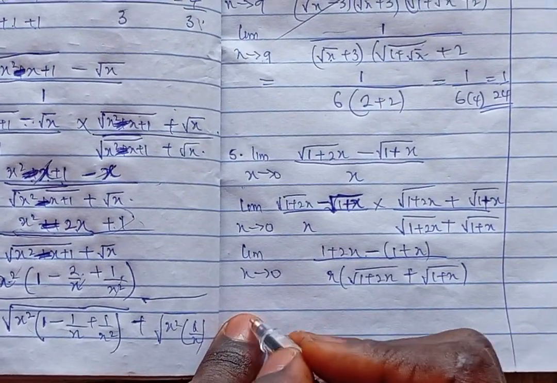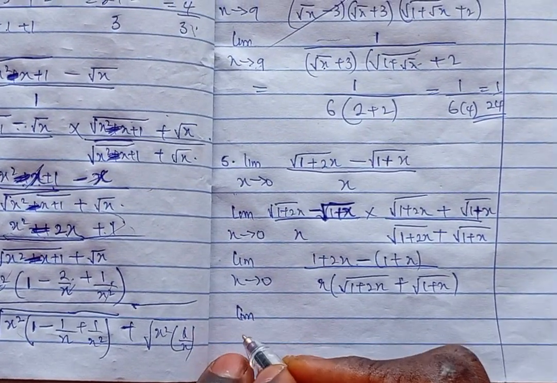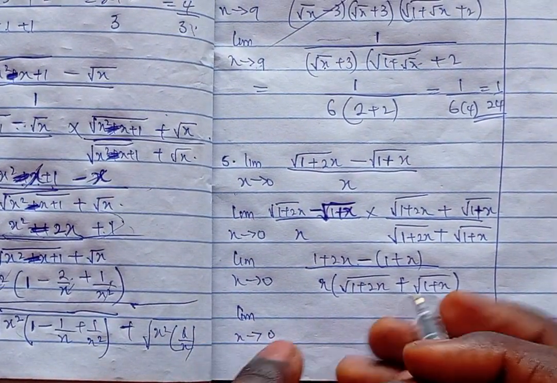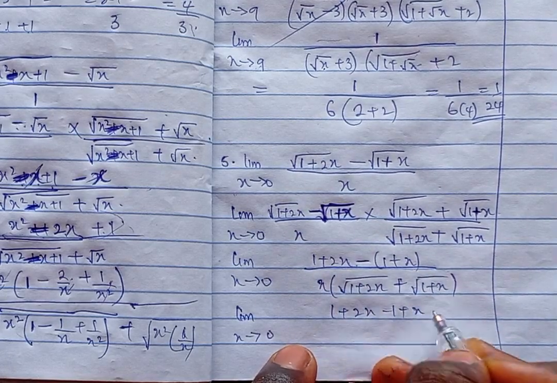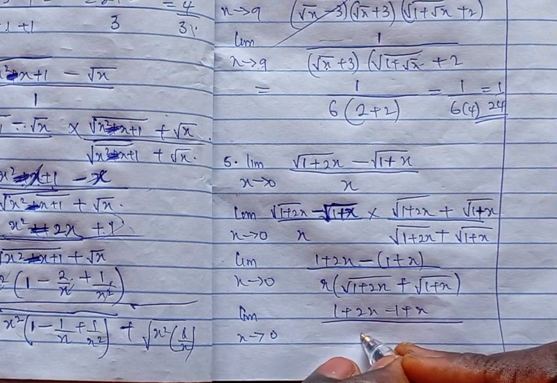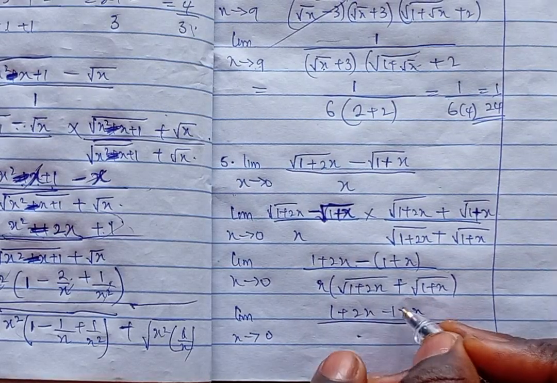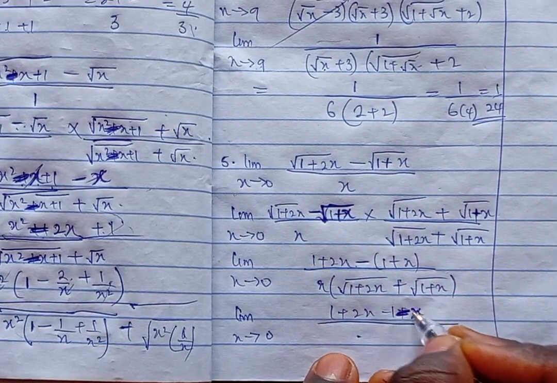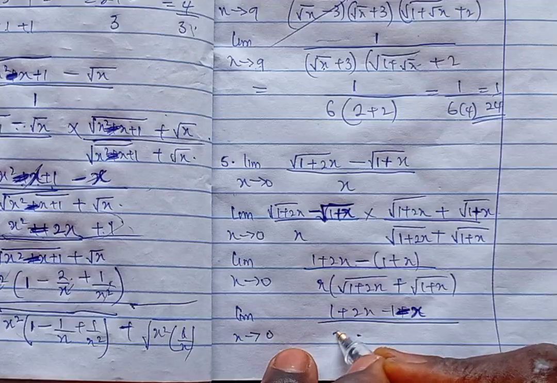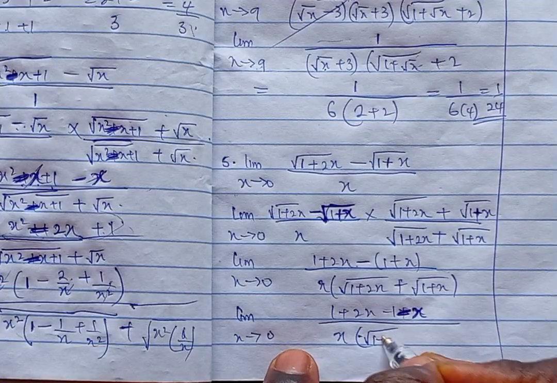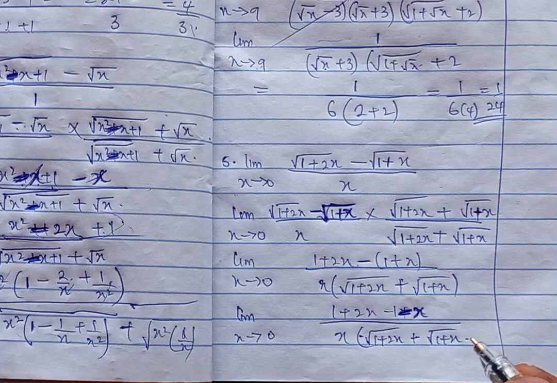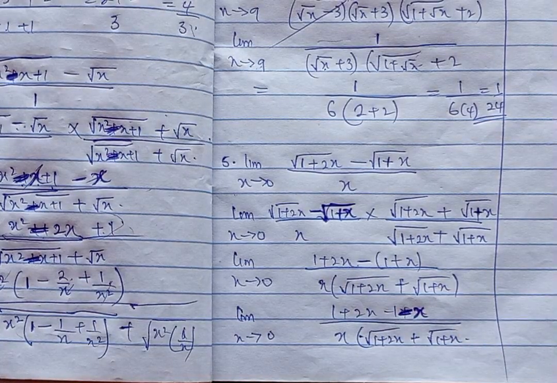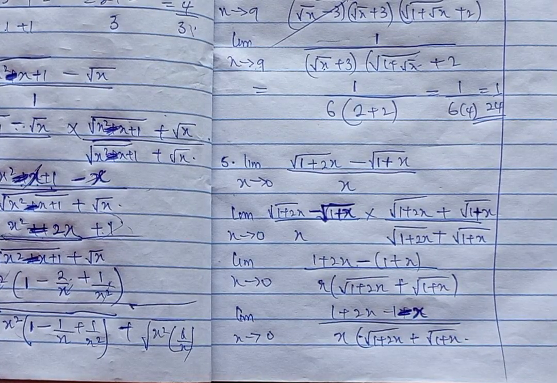So you have the limit as x tends to 0 of 1 plus 2x minus 1 plus x, everything over x into square root of 1 plus 2x plus 1 plus x. I believe you should see something coming. This one is quite interesting.